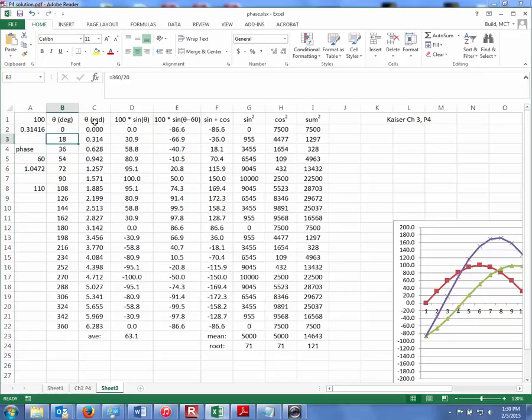So let's just do this. 360 divided by 36. And you can see that all of that changed. So this cell is B4. It equals 20.